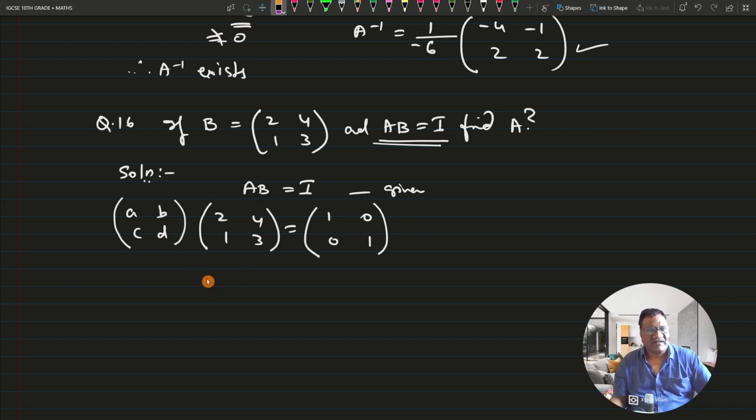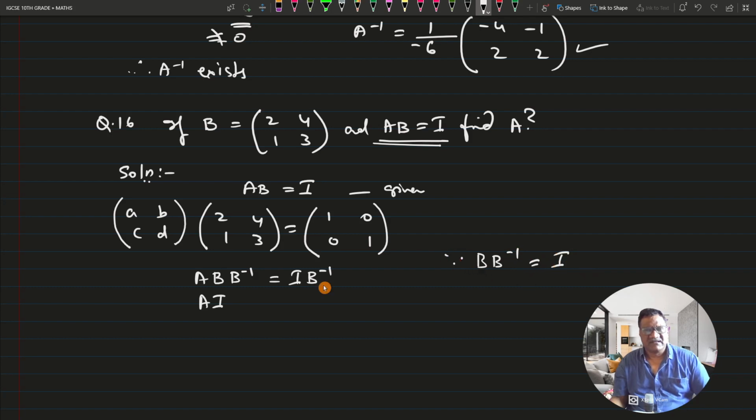I will multiply with B inverse over here, and here also I will do that, I into B inverse. Now this B into B inverse is nothing but A into I, because we know that any matrix B multiplied by its inverse should give you I. This is the reason for this.